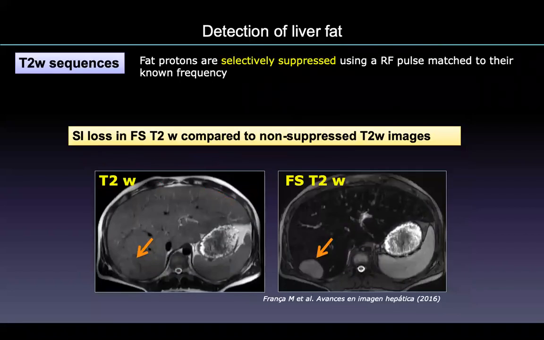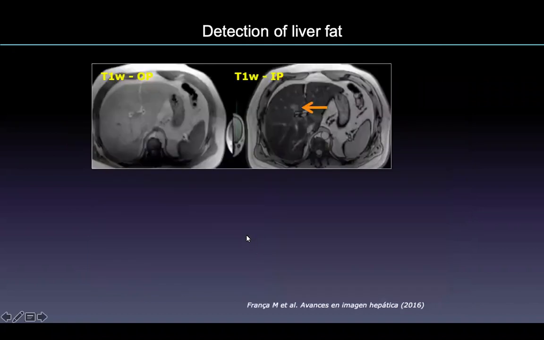We can also recognize hepatic steatosis using T2 weighted images if we apply also fat suppression, and the hepatic fat will be recognized by a signal loss in the fat suppressed images when compared to the non-suppressed T2 weighted images.